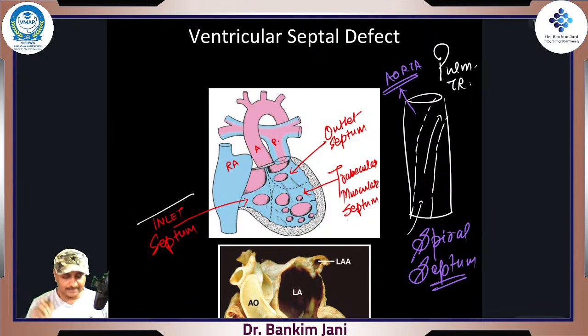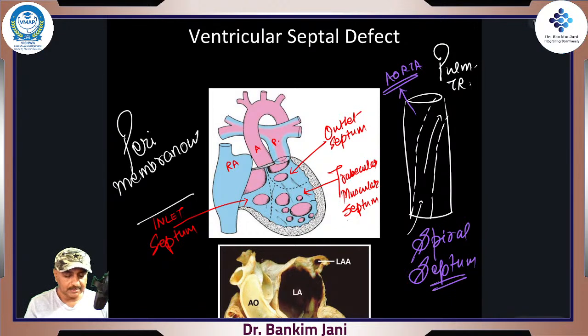Near the inlet septum, this is quite thin. So if the ventricle is defective in this inlet septum, it is called the perimembranous VSD, ventricular septal defect.